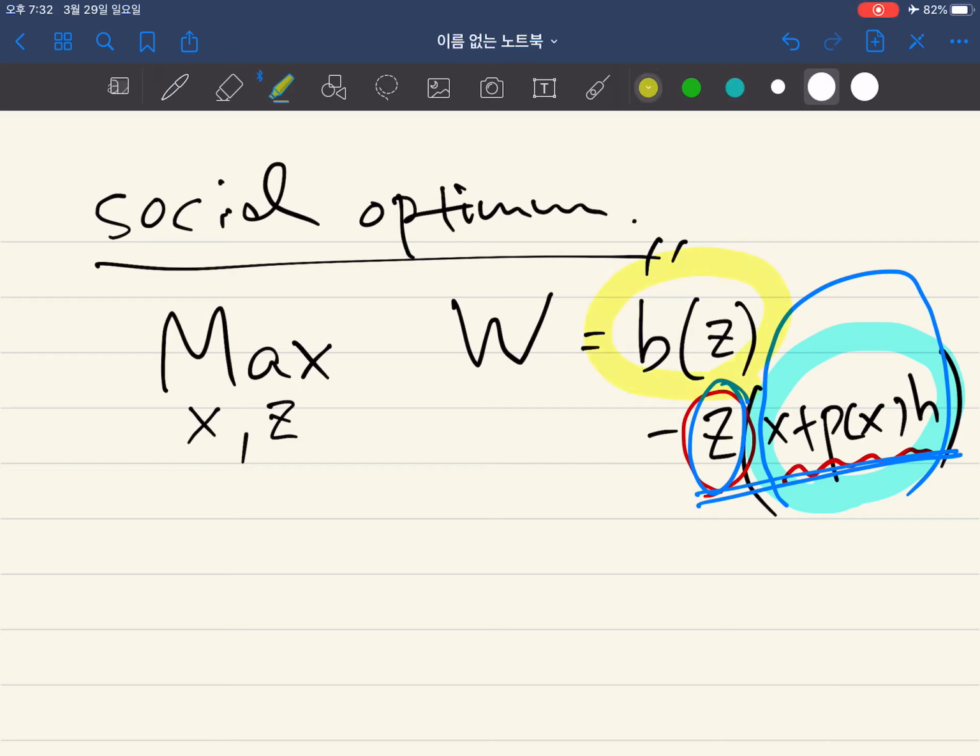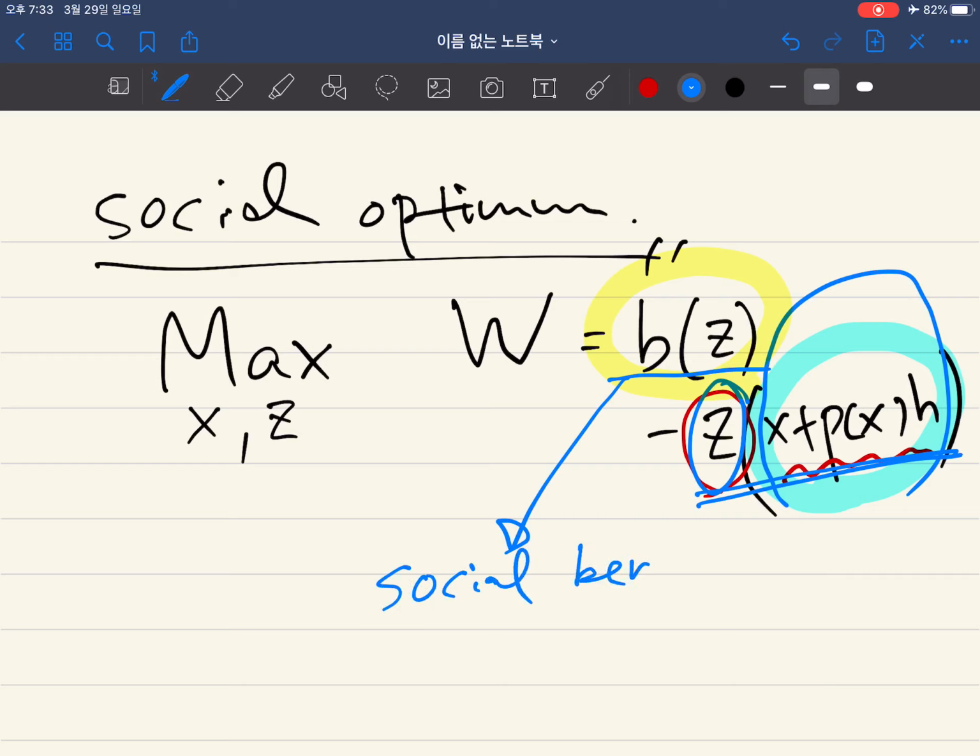And look at this yellow part. This yellow part represents benefit, or social benefit, in our social welfare function. If something is positive in our social welfare function, it is social benefit, and if something is negative, it is social cost.